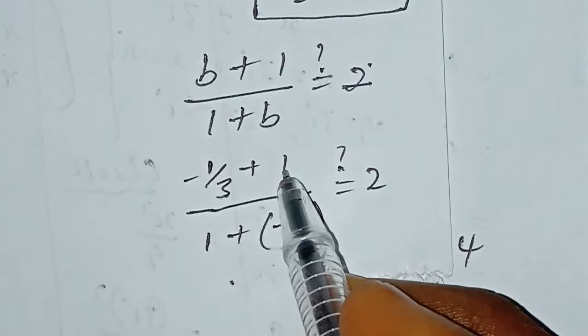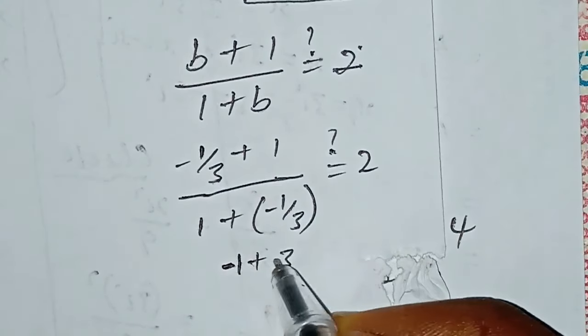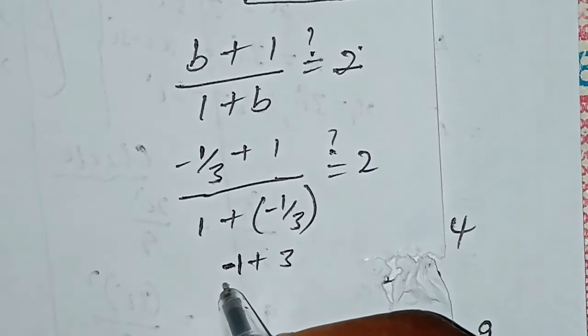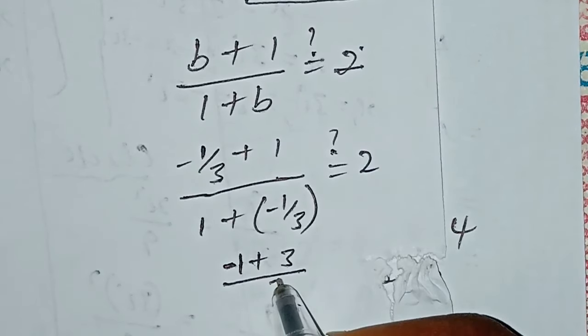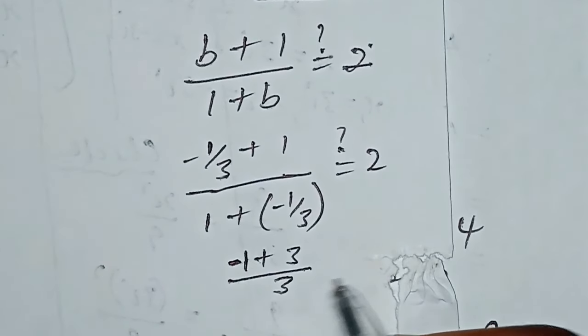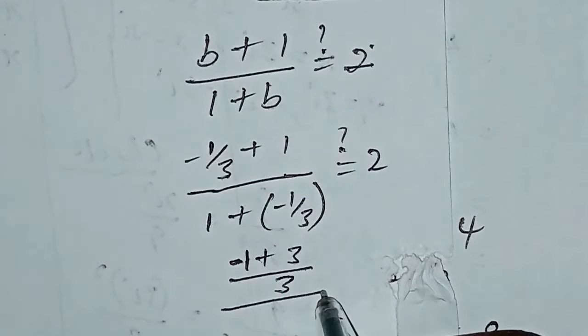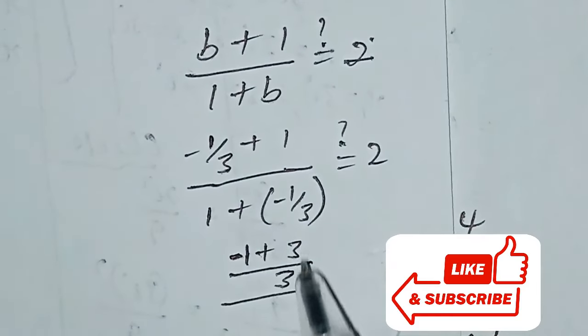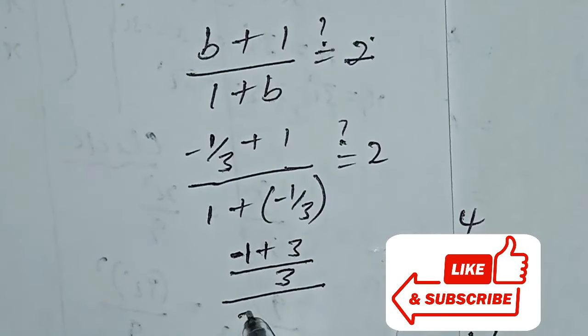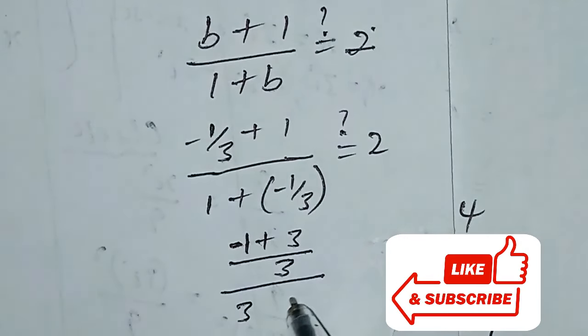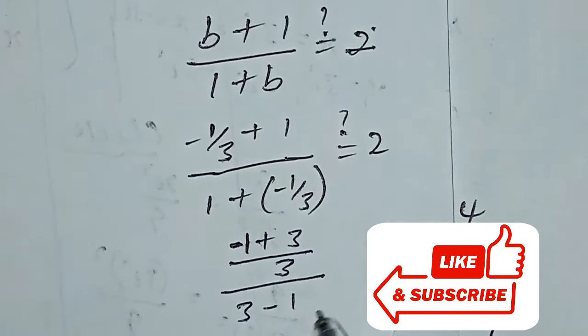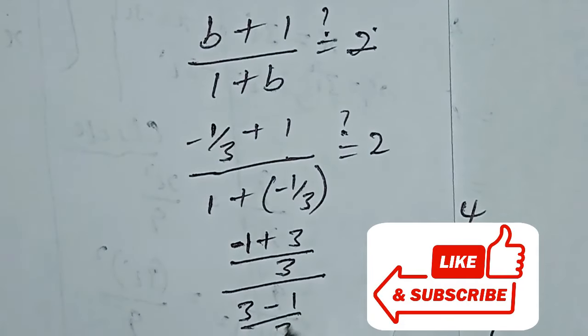If we simplify this, we are going to have minus 1 plus 3 over 3. Then all over, this will give us 3 minus 1 all over 3.